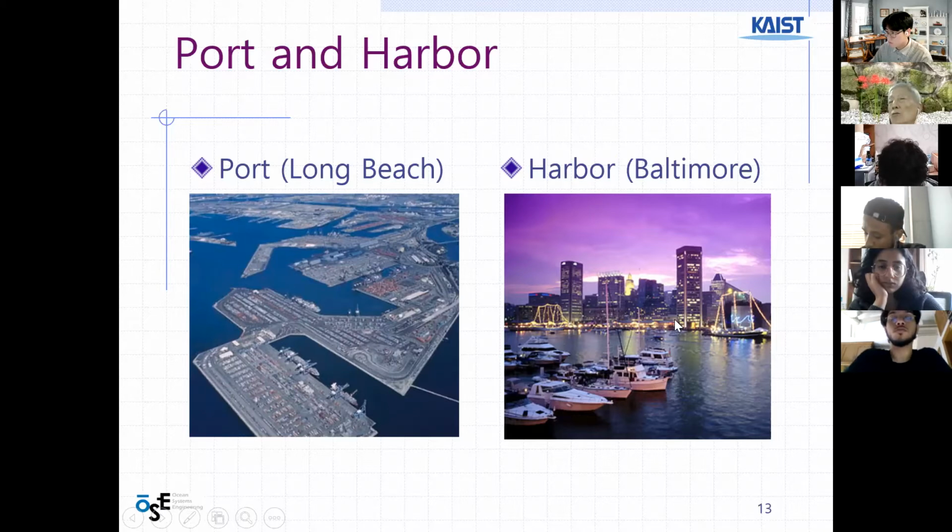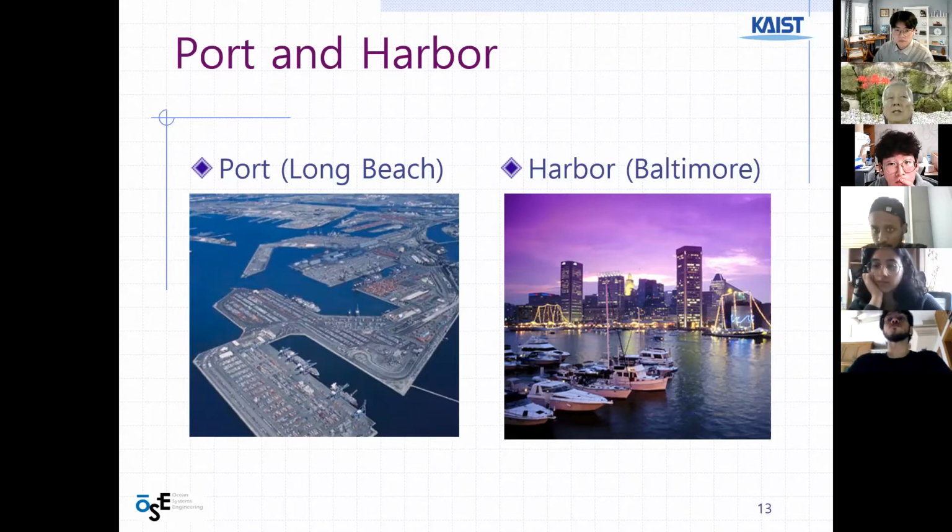And Baltimore was a very busy port at the beginning of the United States. So many people were coming from Europe towards America, North America, to build the United States. At that time, Baltimore was very busy with commercial ships coming between Europe and America.